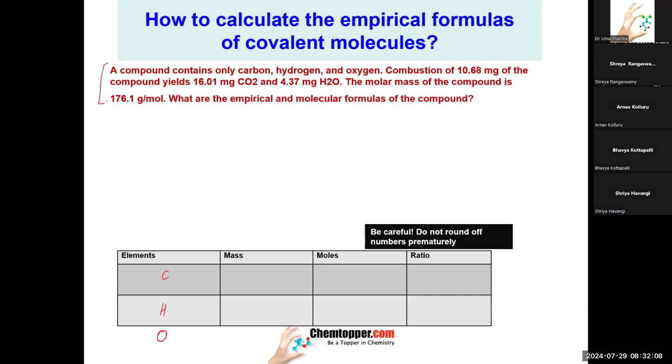Can you tell me the mass of 1 millimole of CO2 in milligrams?